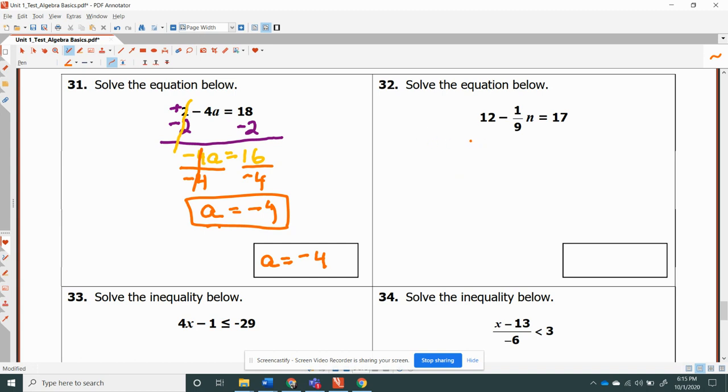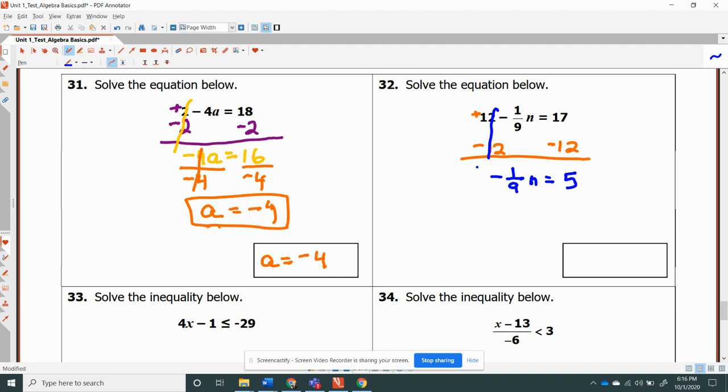Okay, so the next problem, first thing we want to do is subtract 12 from each side because this is a positive 12. So we'll subtract 12 from each side. This cancels, and we have negative 1 over 9n equals 17 minus 12 is 5.